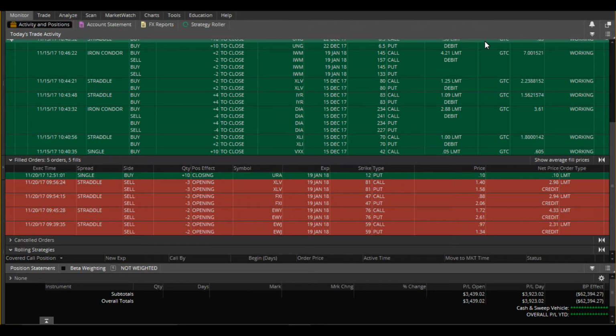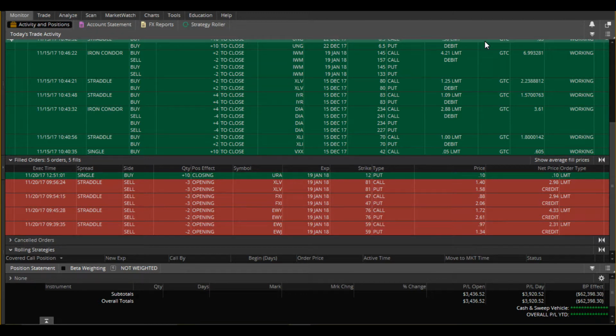We opened an FXI at $2.94 in credit. We opened an XLV for $2.98 in credit, and we closed a URA trade, the 12 put, at 10 cents of credit. You'll notice that these are all for January expiration.